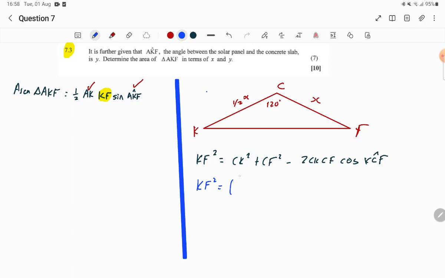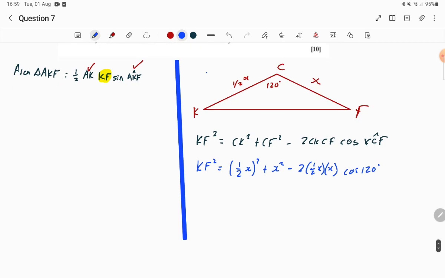CK is half x, so KF squared equals half x squared plus x squared minus 2 into half x times x cos of 120 degrees. We're going to get this in terms of x. We're not solving for x, we leave it as that variable. So we sort out our right hand side, and then square root it.